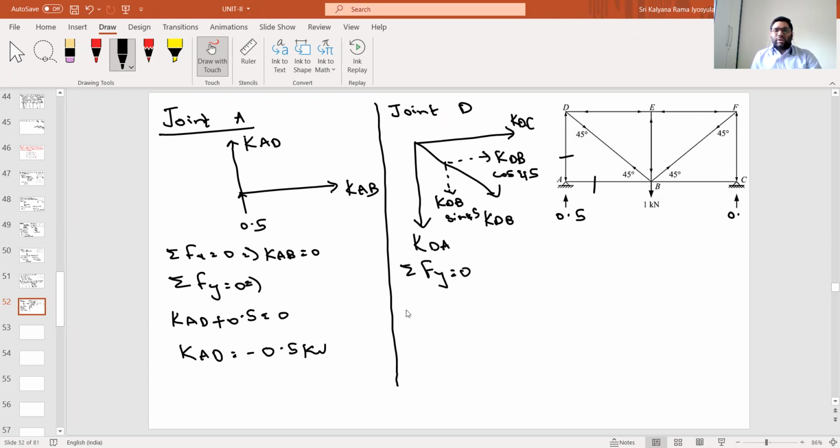First, sigma Fy is equal to 0: KDA plus KDB sin 45 is equal to 0.